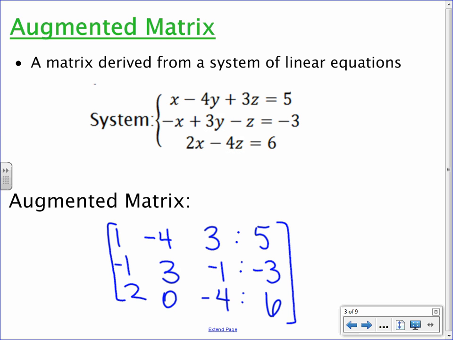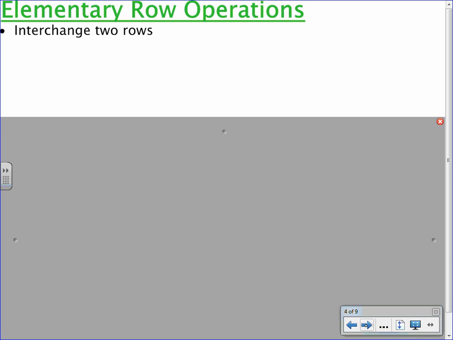We're using all these cool words, right? Now we are going to talk about elementary row operations.